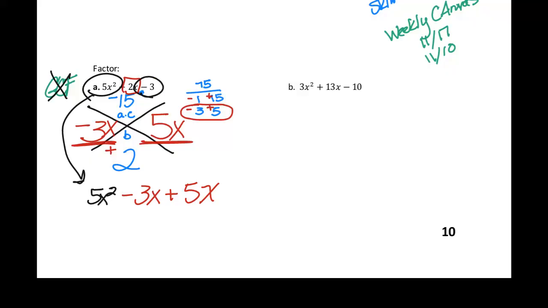And my last term stays as minus 3. 4 terms, how do I factor?